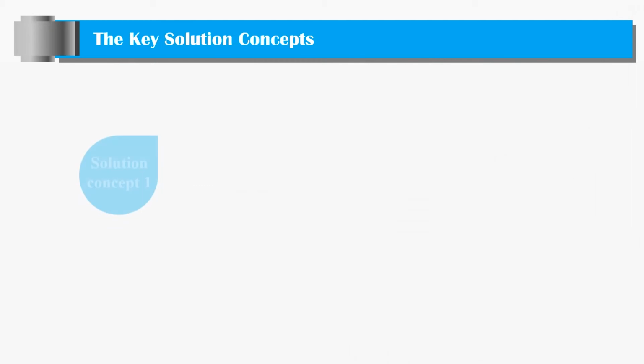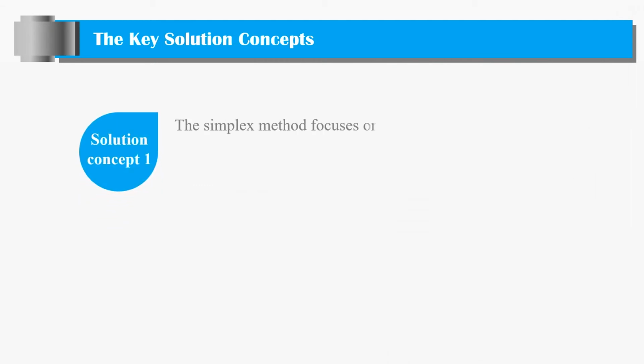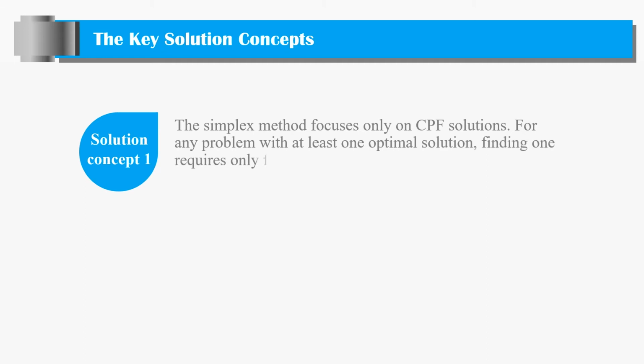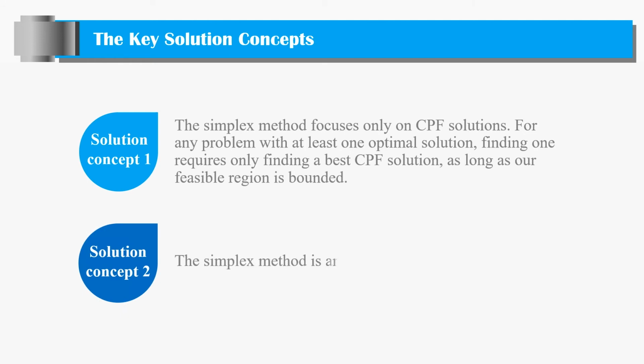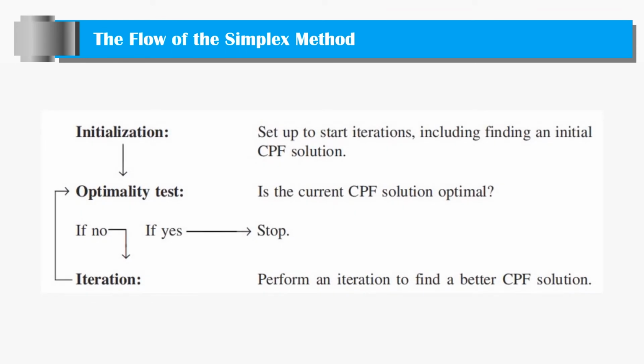From this procedure, we can see some insights and key concepts of the simplex method. First, the simplex method focuses only on CPF solutions. For any problem with at least one optimal solution, finding one requires only finding a best CPF solution, as long as our feasible region is bounded, which we will see in more detail later. Next, the simplex method is an iterative algorithm. Its flow, as we saw, is as follows.